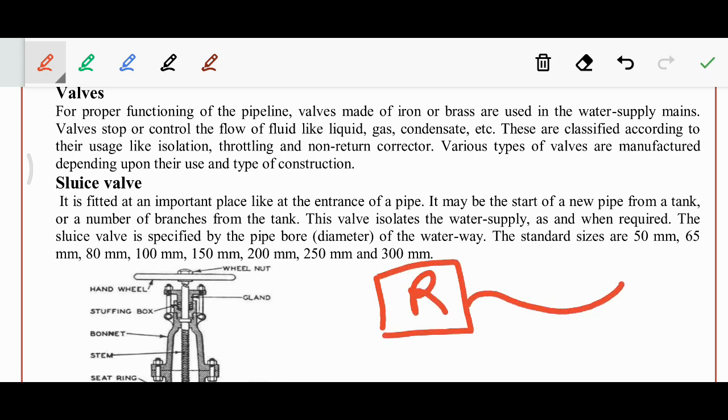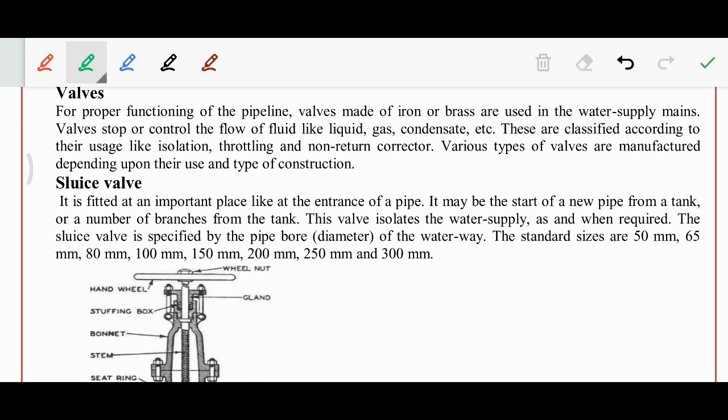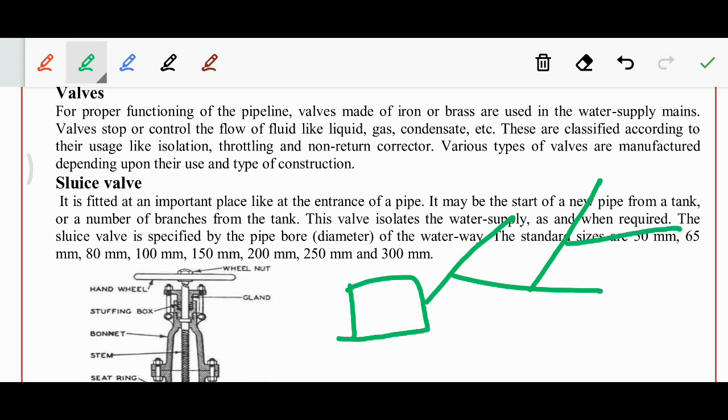From here there will be a network, so it will be placed exactly at the entrance of the pipe. It may be at the start of the pipe from a tank or a reservoir, or a number of branches from a tank. So if they are having a number of branches from a tank, this valve is installed.